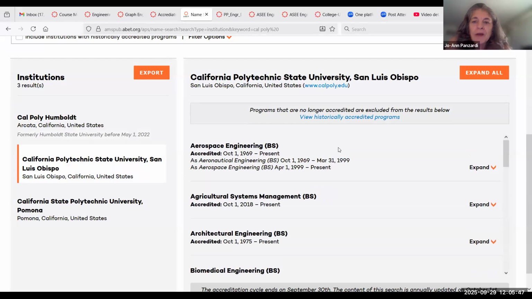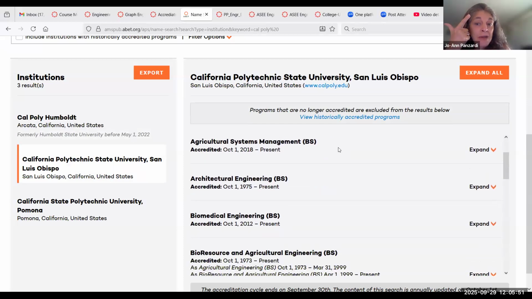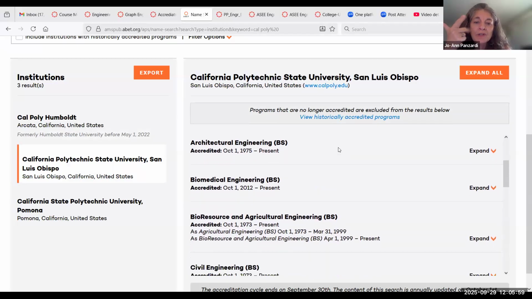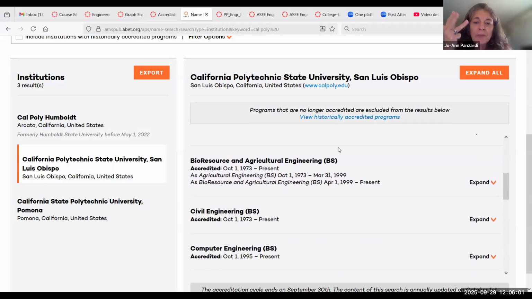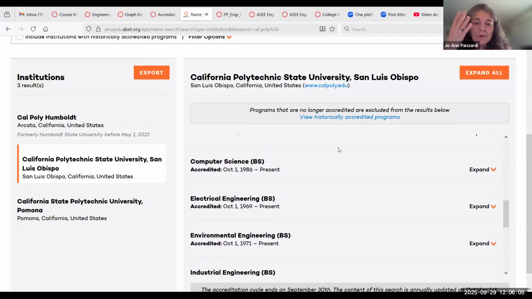So they have an aerospace engineering, agricultural systems management, which is really not an engineering program. So I'm not going to put it on the list. Okay, but it's been ABET approved. There's architectural engineering, biomedical engineering, bioresources and ag engineering, civil engineering, computer science, separate, which, even though computer science is called science, it's not a science.